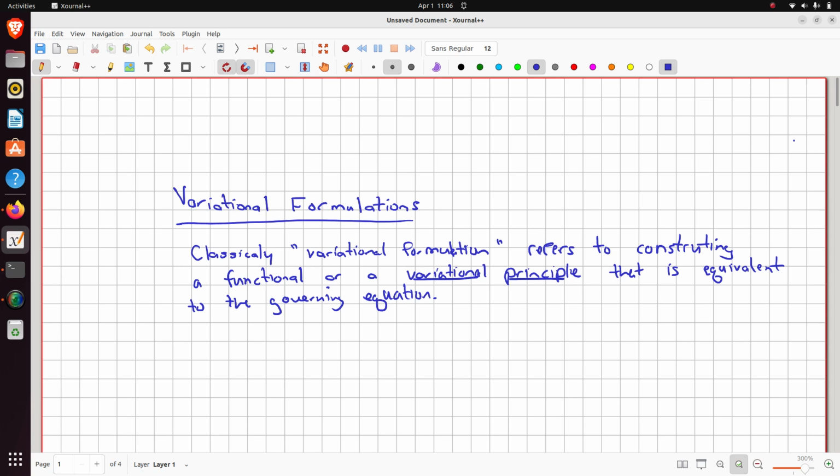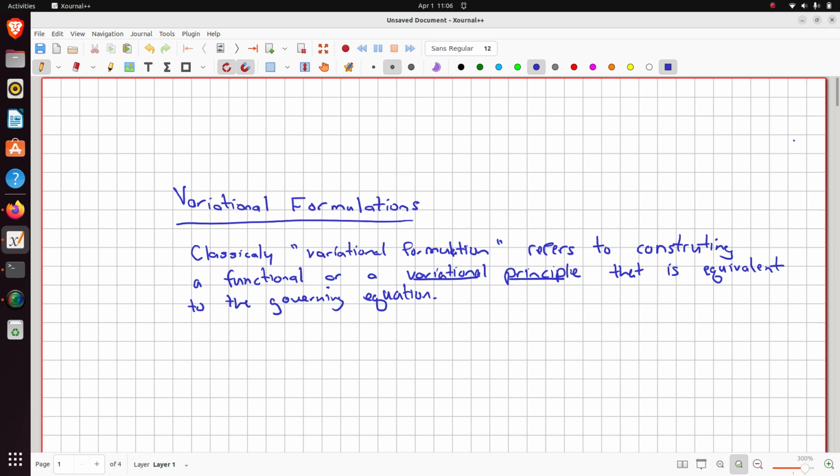governing equation. And we've already seen one of these because anytime you use Hamilton's principle, you develop a variational principle. So when we use Hamilton's principle, when we compute those variations, sometimes we end up with the derivative of a variation, the derivative of del u, right?